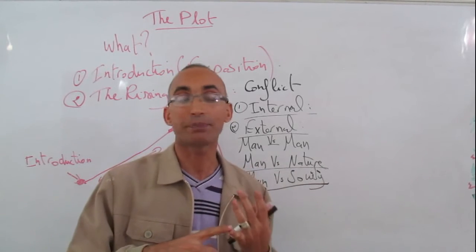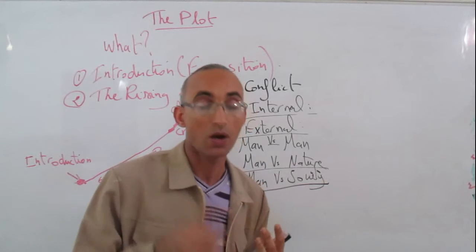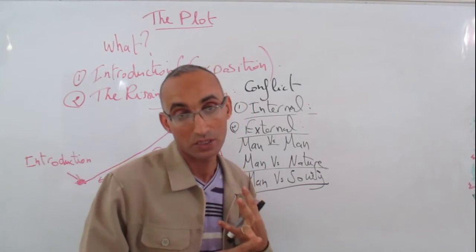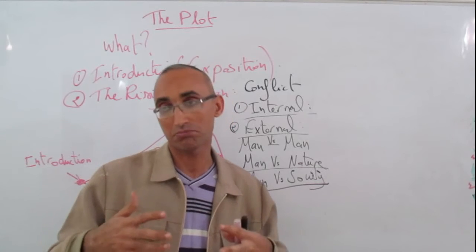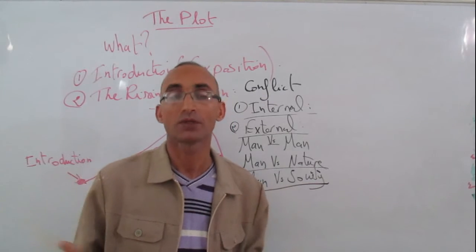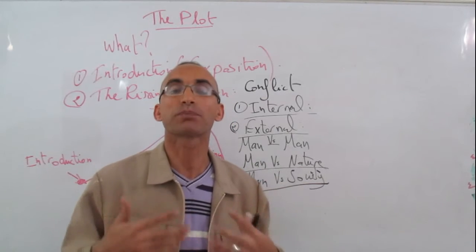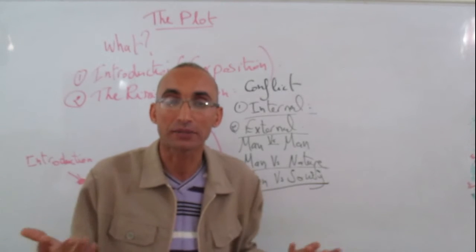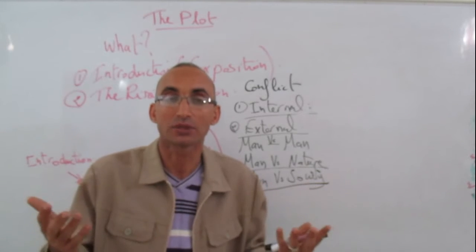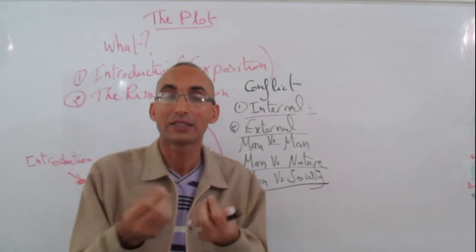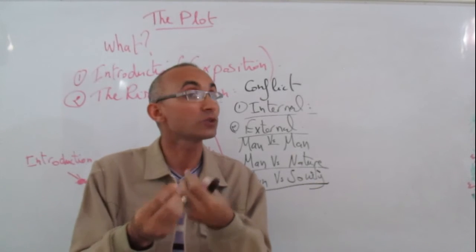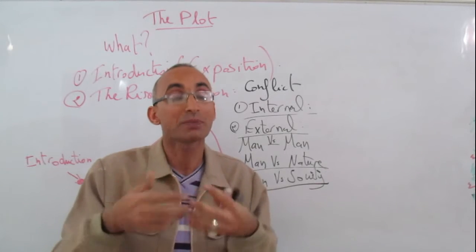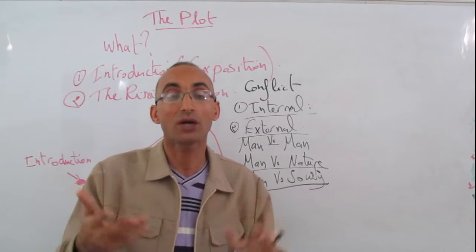It can be a happy ending, or a tragic ending, an unhappy ending, or sometimes, like many of the modern stories, we have an open-ended plot, when the end is open, left to the reader sometimes to read the end and to interpret by himself, to guess, to expect, and predict what may come at the end of the story.